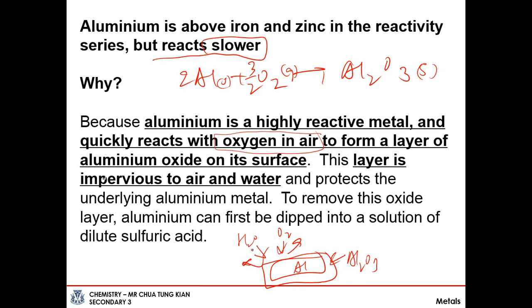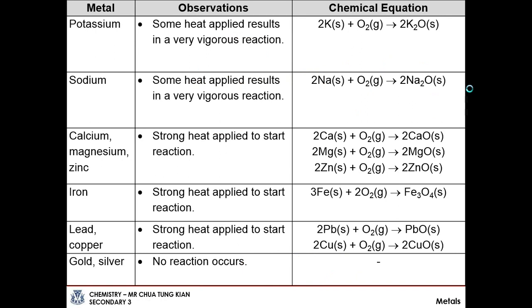If we want the aluminium block below to react quickly, we must first remove this oxide with some acid, because the oxide is a metal oxide. A metal oxide is a basic oxide, so a basic oxide can react with H plus, or acid, to give you a salt and water, right?